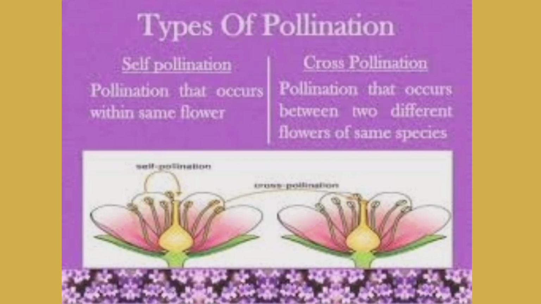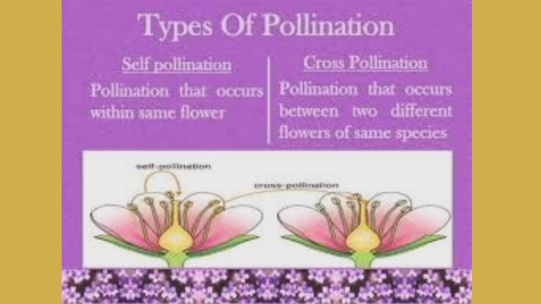Then, types of pollination. There are two main important types of pollination. What are they? Self-pollination and cross-pollination. We are going to see the concept of self-pollination with an example and cross-pollination with an example. Here, I am going to show the figure of an example.